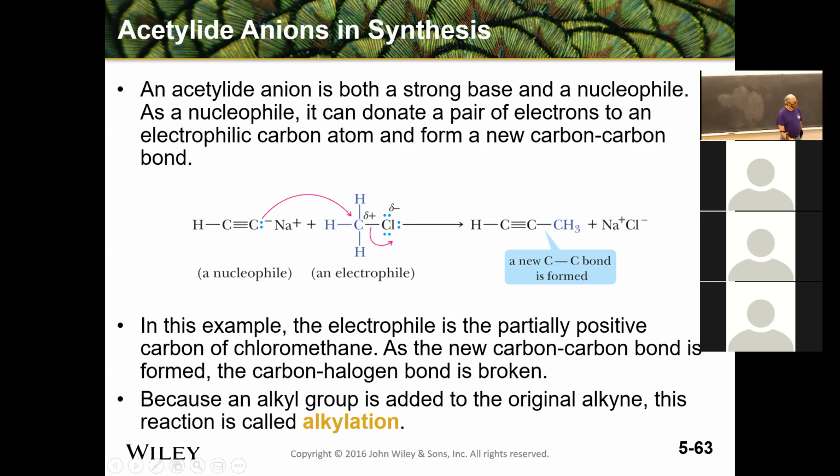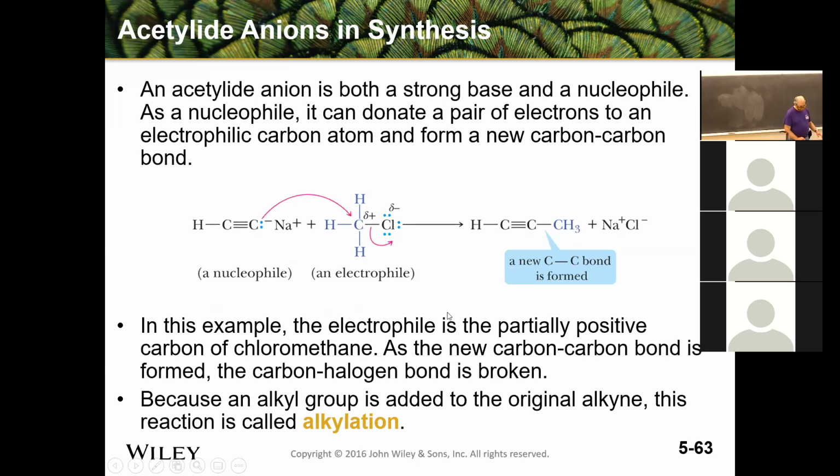Once we form this, which is called an acetylide ion, we can react it with a haloalkane, such as chloromethane, and we form a longer carbon chain.